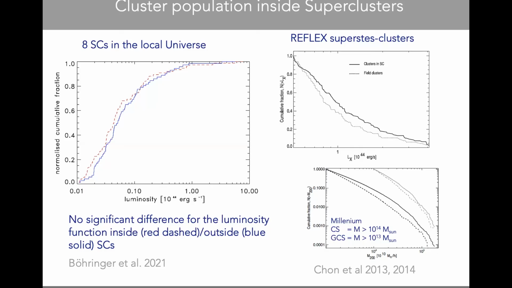She looked at the same properties in simulations, and she plots here X-ray luminosity, here the mass that you know, and the mass in superclusters, the solid line, is more top-heavy than the mass in the field in between. So for this larger survey with higher overdensity, she finds a more significant result. I think we would need a much larger volume to make this result significant. It's only a small glimpse.